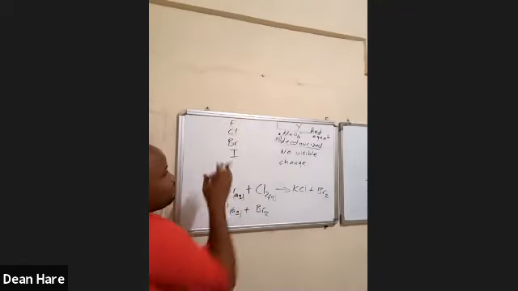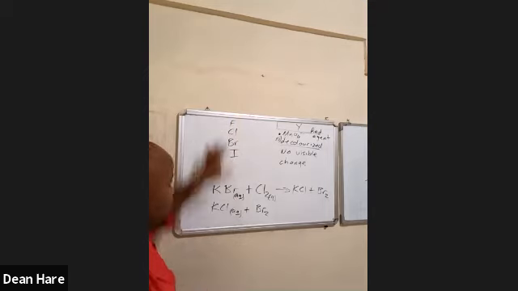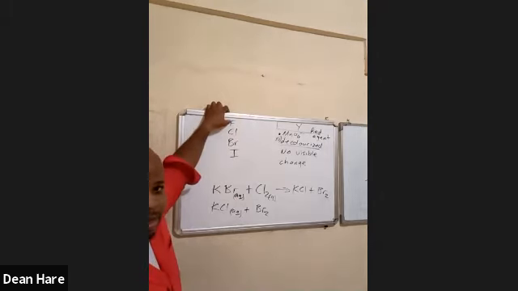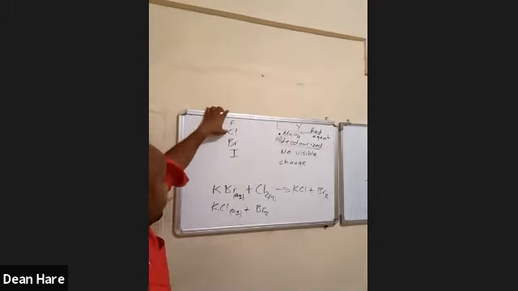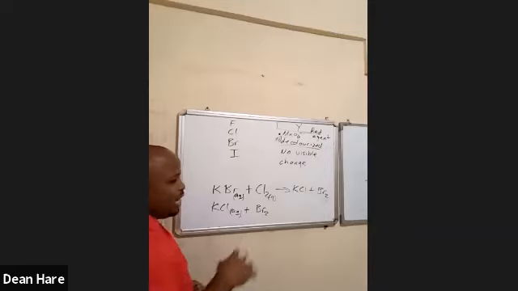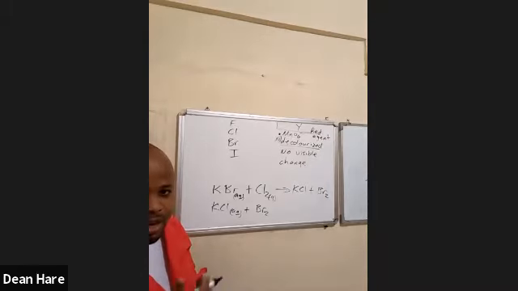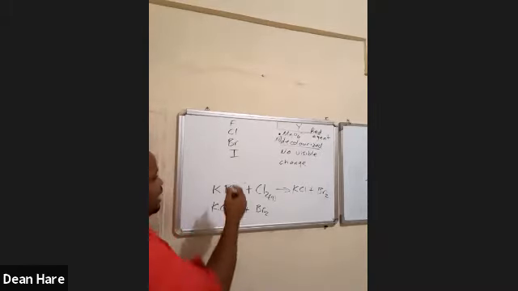So you can use it in terms of group 7 to say that fluorine is better than chlorine, which is better than bromine.